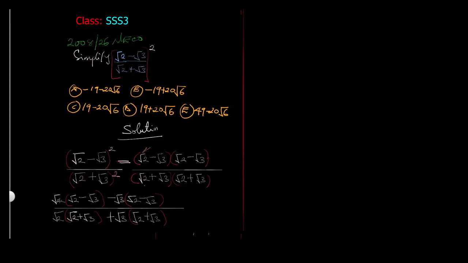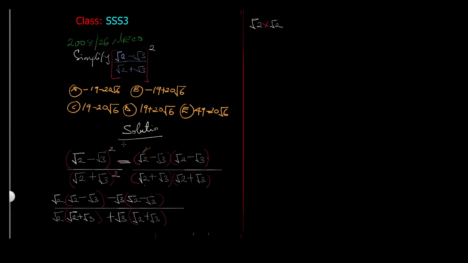Okay, so square root of 2 times 2. We start with that first. So let's just write it out so that square root of 2 times square root of 2. We are done with that. We are now going to pick square root of 2 times minus square root of 3.